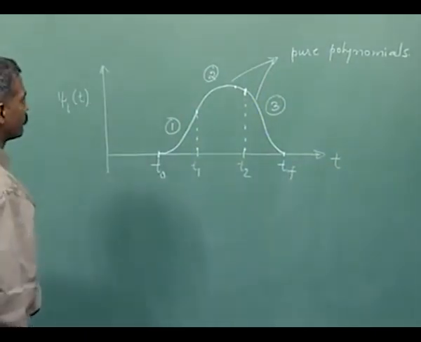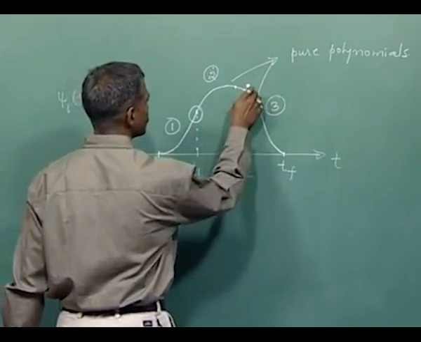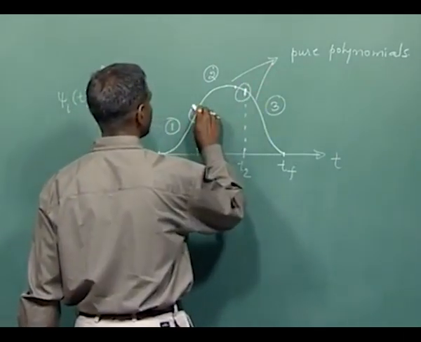As you would notice, there would be junction points. In this case, we'll have two junction points here.